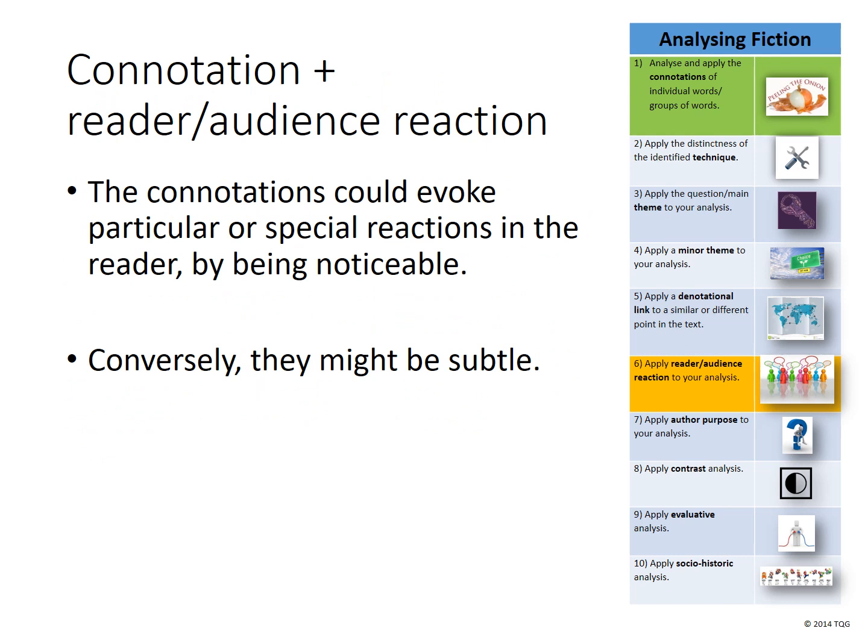The next technique of analysis is to analyze connotation and reader or audience reaction. So the connotations here could evoke particular or special reactions in the reader or audience by being especially noticeable. Alternatively, they could be quite subtle, particularly in texts intended to be written and reread.